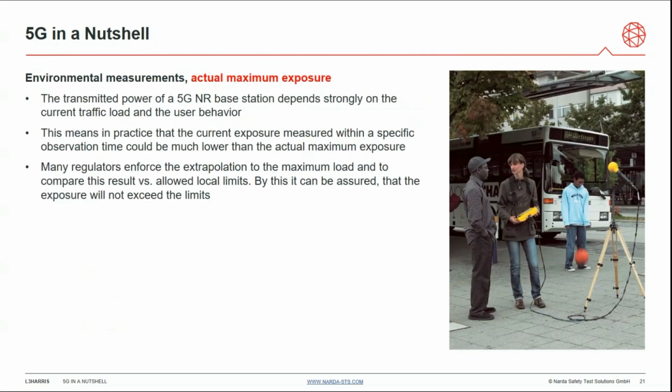And now let us discuss a little bit how to do a measurement or a calculation to the actual maximum exposure. The issue with the transmitted power of a 5G new radio base station is that it strongly depends on the current traffic load and the user behavior.